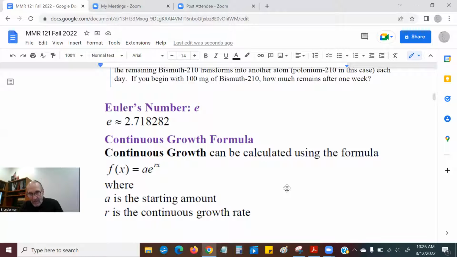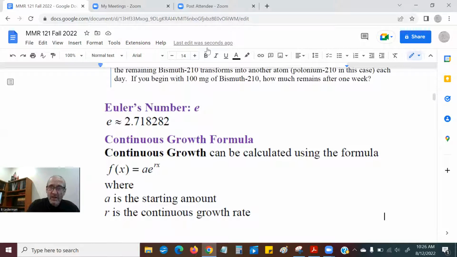Or imagine it's being compounded every second, a teeny bit at a time. When it comes to growth, it's growing a little bit every second. So when we do this, we use the number E. A is again our starting value, and r is the continuous growth rate.